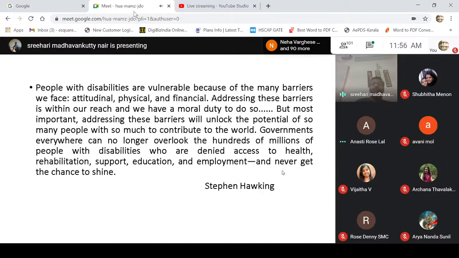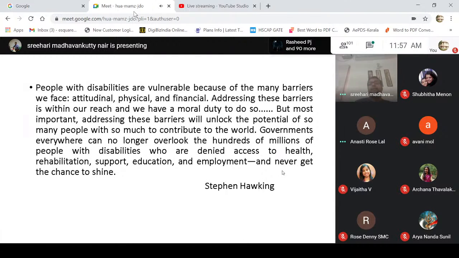This is one of the quotes by Stephen Hawking, and I would like to focus on the last sentence. The governments everywhere can no longer overlook the hundreds of millions of people with disabilities who are denied access to health, rehabilitation, support, education, and employment, and never get a chance to shine.